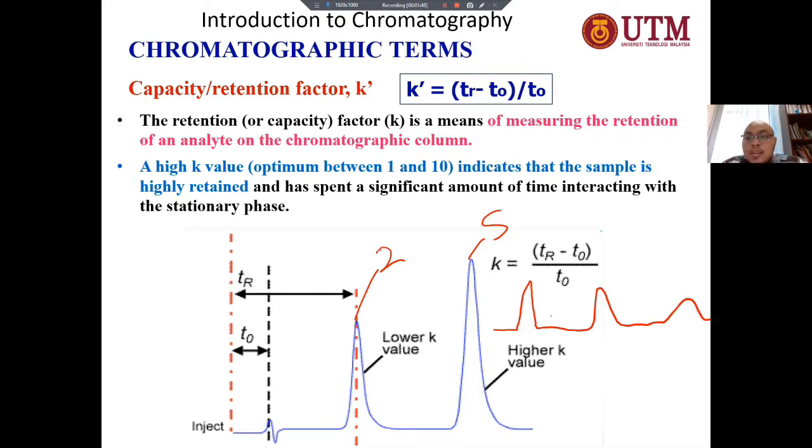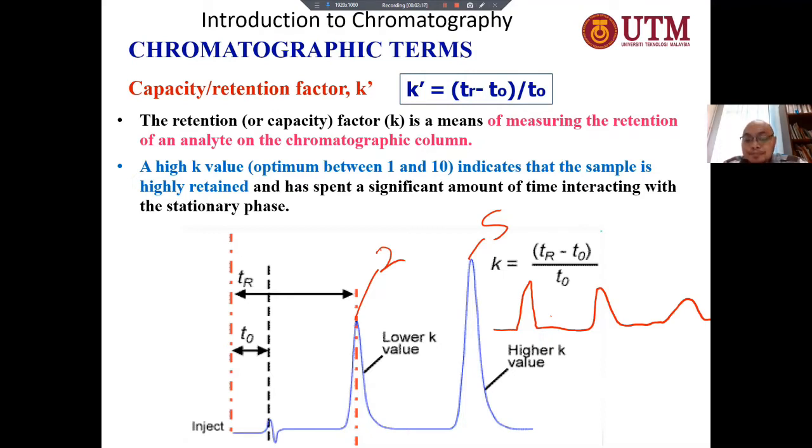How are you going to solve the problem? So we proposed the application of the capacity factor, since it should be the same when the instrumentation setup is the same. The retention time will be different, but the capacity factor or retention factor should be similar regardless of the location of the instrumentation.